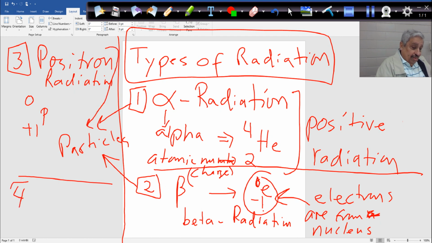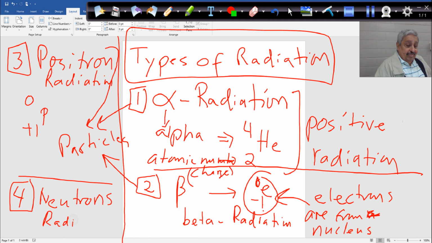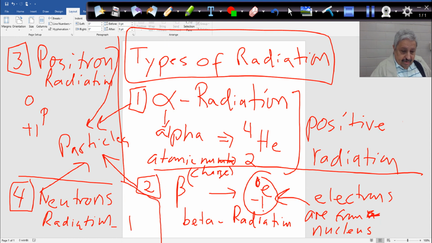Number 4, we have neutrons by themselves too. Neutrons, radiation coming out as radiation, correct? This is a particle as well. Neutron is N, just write it here. N, that's the symbol of neutron.